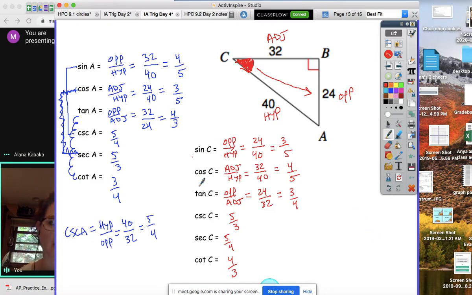So once you get the sine, cosine, tangent figured out, the rest of them are pretty fast. That's really all you're going to be doing on the homework. But if I give you a picture, you're probably not going to find all of these. You're probably only going to find maybe 2 or 3 of them per picture.